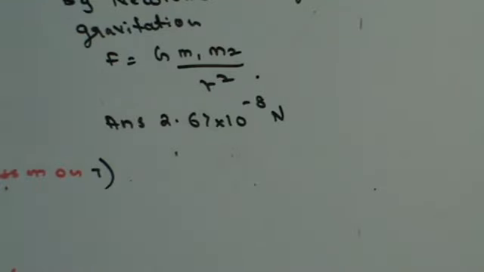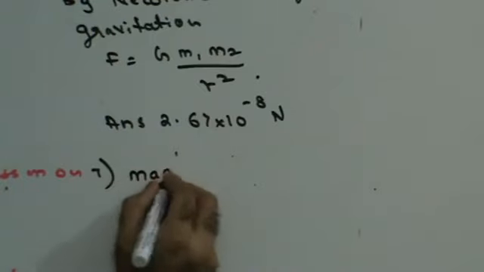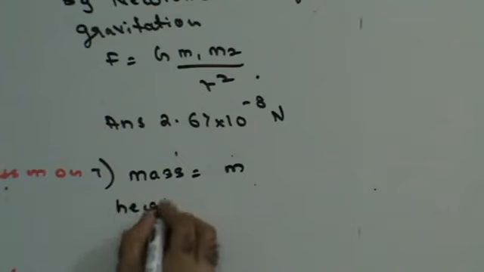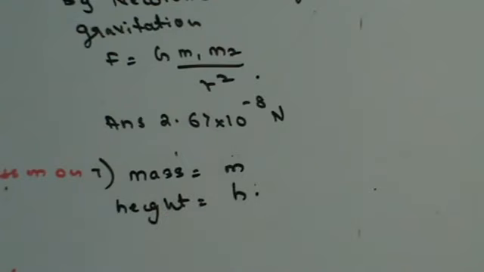A wooden block of mass m is raised to a height of h from the surface of the earth.